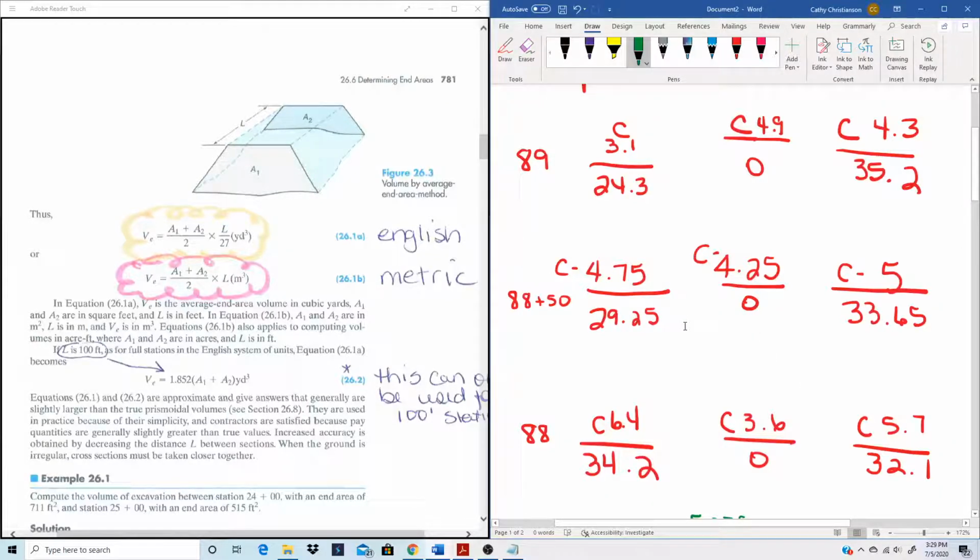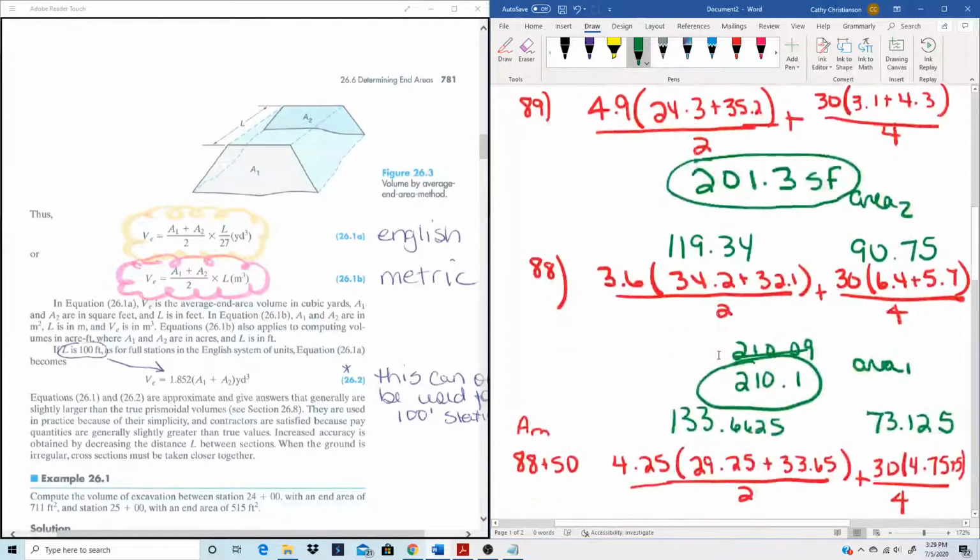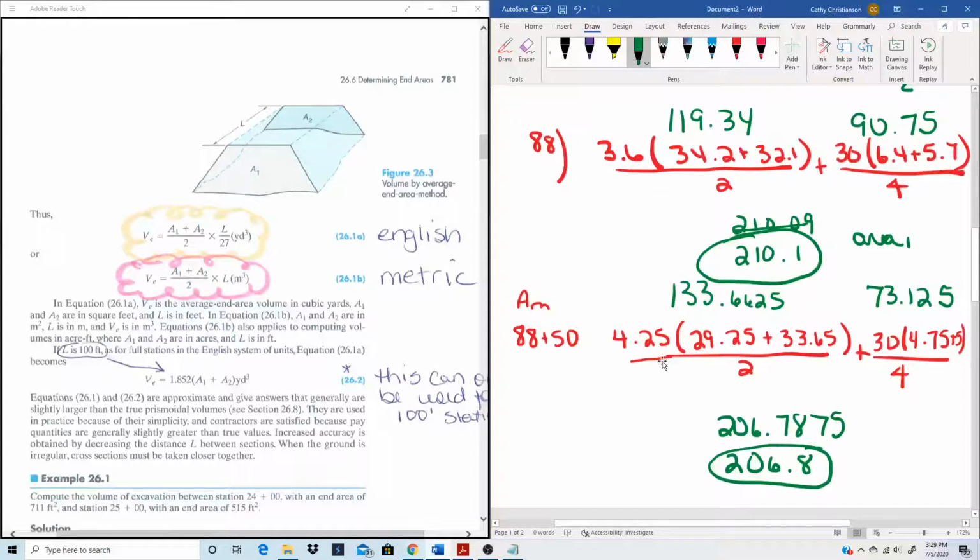So let me make sure I got my numbers right. 4.75, 24.25, 4.25, 5, and 33.65. So let's see if I've got this written. 4.25, 29.25, 33.65 divided by 2, plus 30, 4.75 plus 5 divided by 4. Check my numbers.